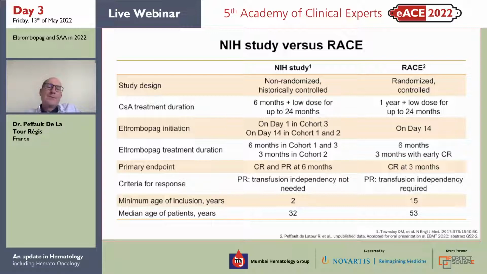And the criteria for response, as I told you, and this is by far the most important, were transfusion independence for partial remission criteria in the EBMT study. As you can see, we did not include young patients, only 15 years of age or older. And the median age of our patients was about 53. This is obviously around the age that we have in Europe for patients eligible for immunosuppression.